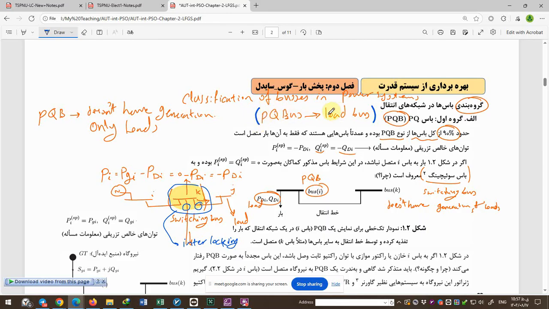When you have a PQ bus, you can set P and Q as determined amounts. Suppose the P demand and Q demand are determined, and no generation is here, only demand or load.